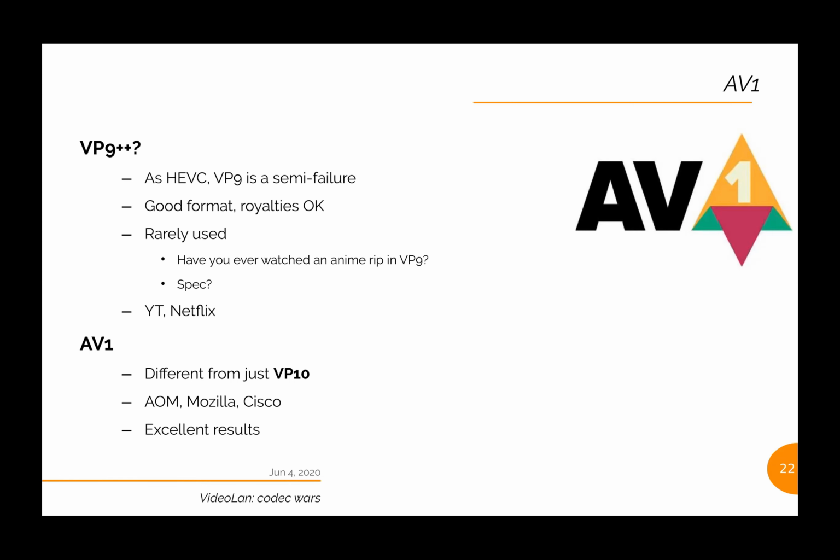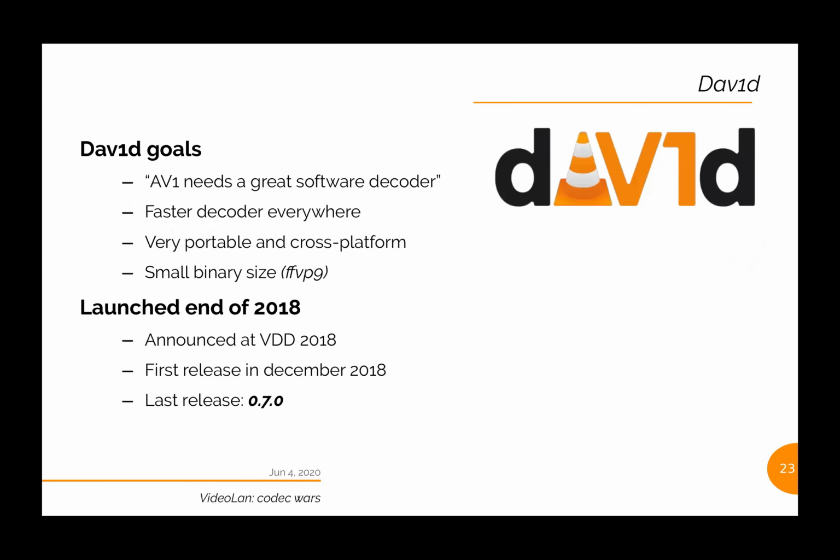So based on that, they decided to do AV1, which was based on VP10, but not only. It came from several codecs: Daala from Mozilla, Thor from Cisco, and VP10, and then they mixed that and gave AV1. They got quite good results, and they're happy.